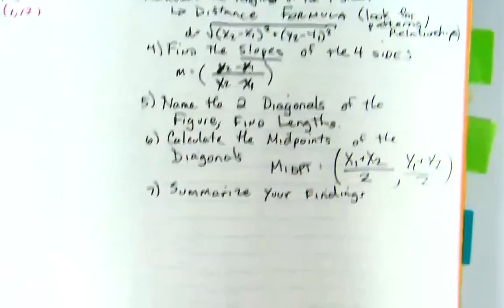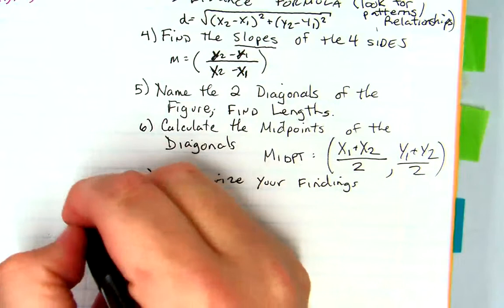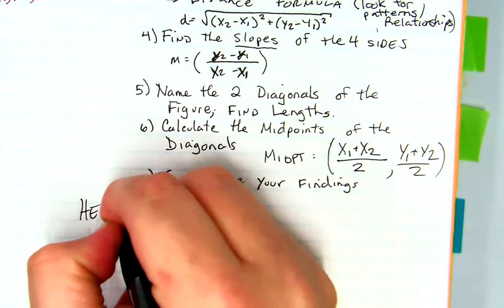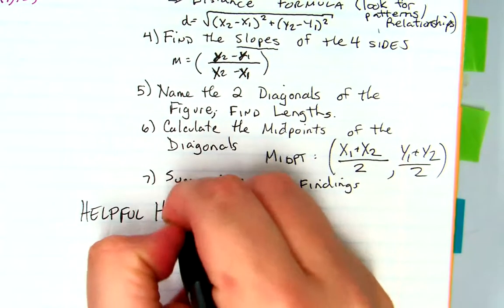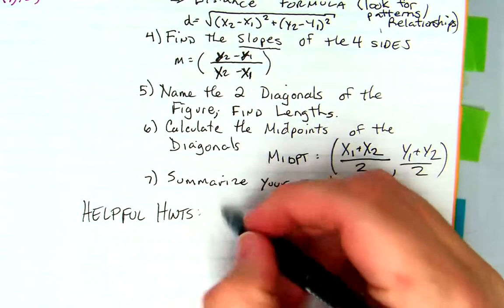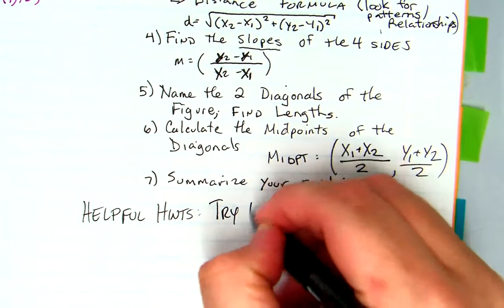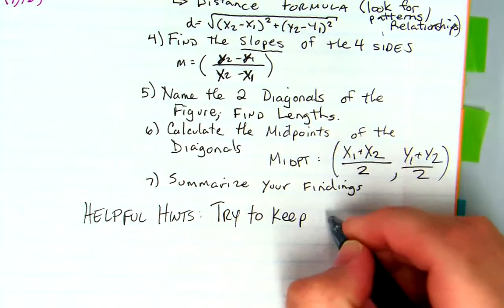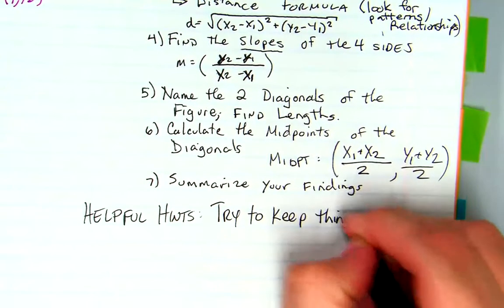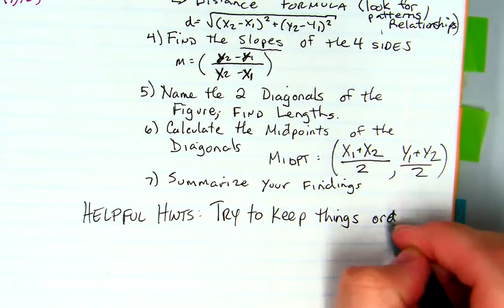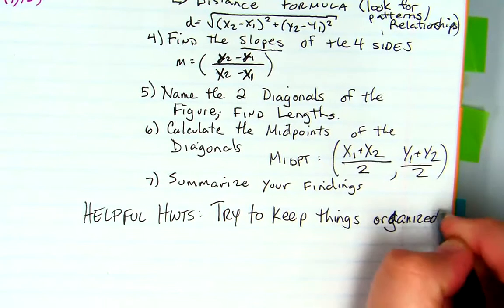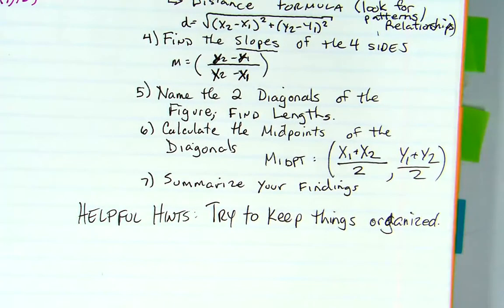Helpful hints. Try to keep things organized. I've seen a lot of work that comes over my desk when I grade things, and it is just absolute carnage trying to read what's going on there.